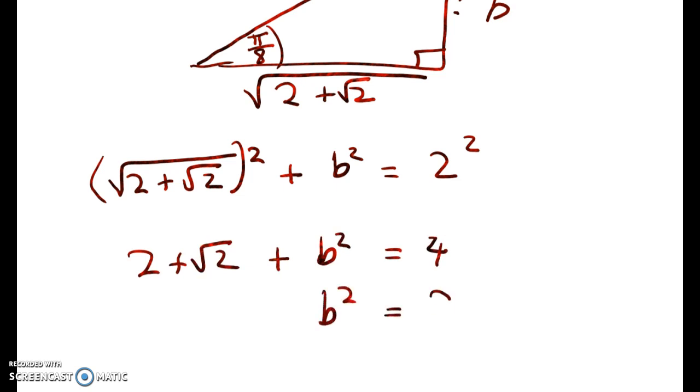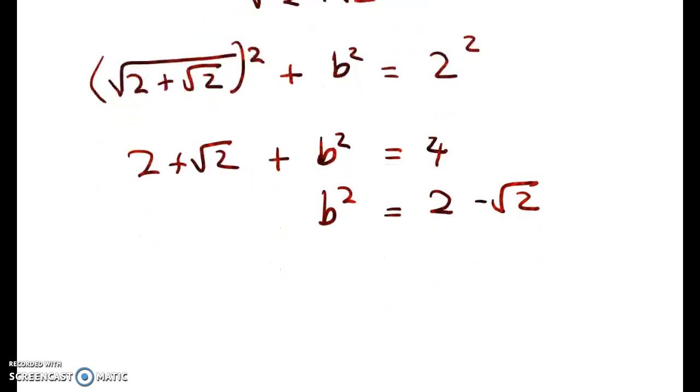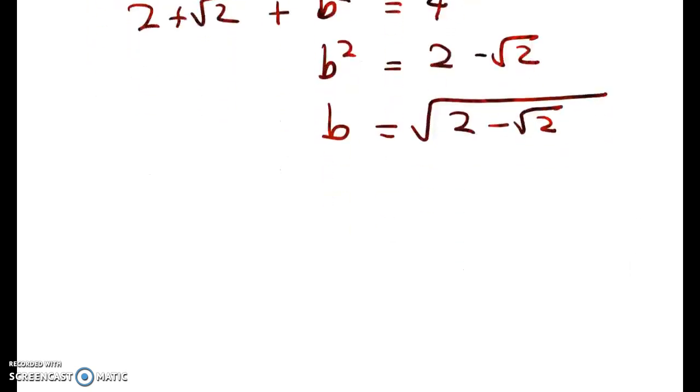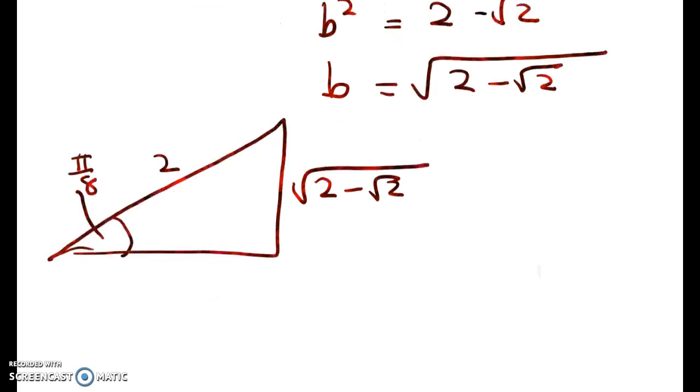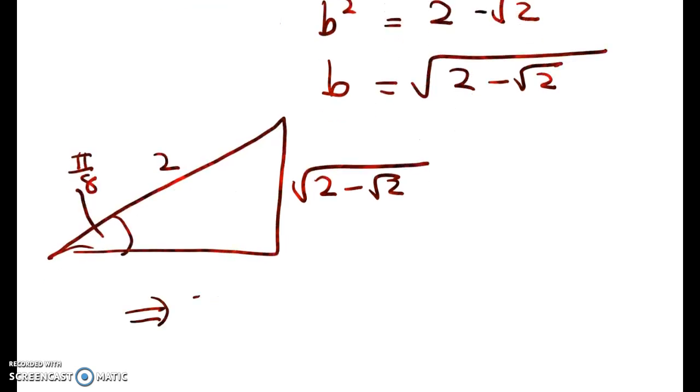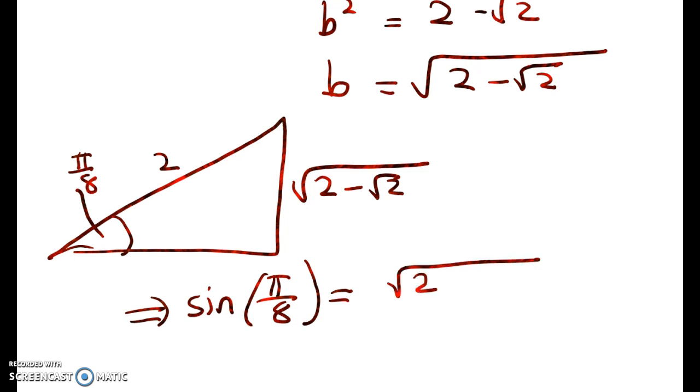B squared is 2 minus root 2, giving me b as the square root of this. So we can draw that back on our triangle now. There's pi on 8. And here's the square root of 2 minus root 2, and this side is 2. And that means that we can now find all of our trig ratios if we want to. So we'll just do sine, but we could do tan and we could do the reciprocals as well. So sine of pi on 8 will be the square root of 2 minus root 2, on 2.